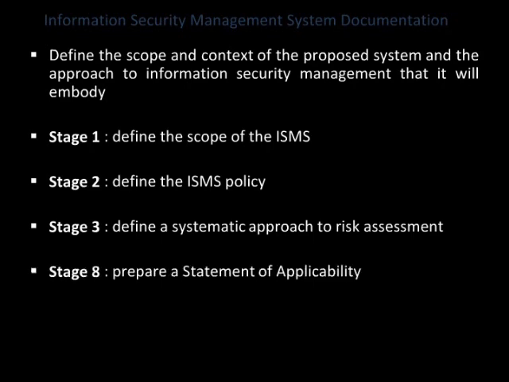Stage 8 prepares a statement of applicability. The statement of applicability of the ISMS is completed based on information gathered during the risk treatment stage. Stage 9 obtains management approval. The complete ISMS documentation, consisting of the papers drawn up in stages 1, 2, 3, and 4, is submitted to senior management for approval.